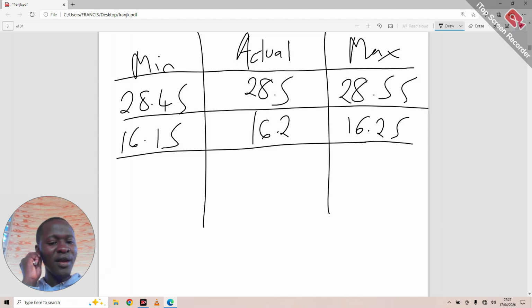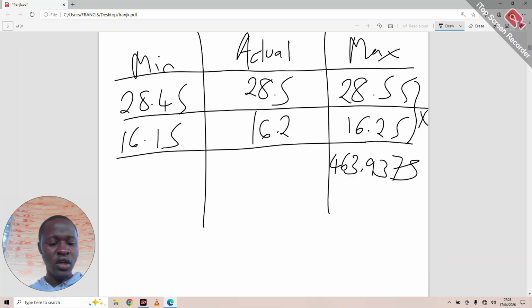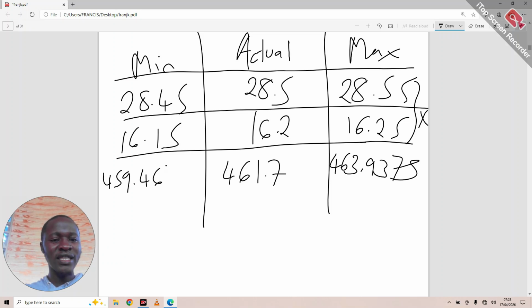Then, because it's find the absolute error in area, what will he do? He will multiply. Multiplying that in my calculator gives me 463.9375. Then 28.45 times 16.15 gives me 459.4675.